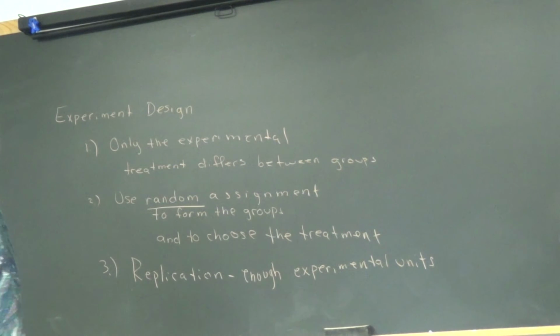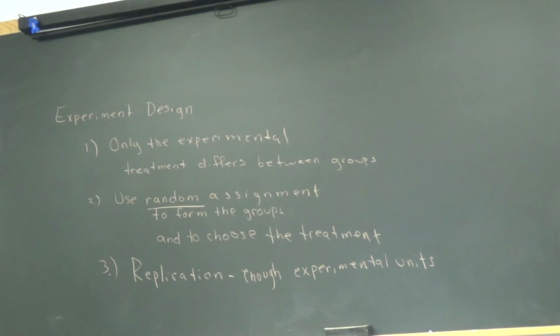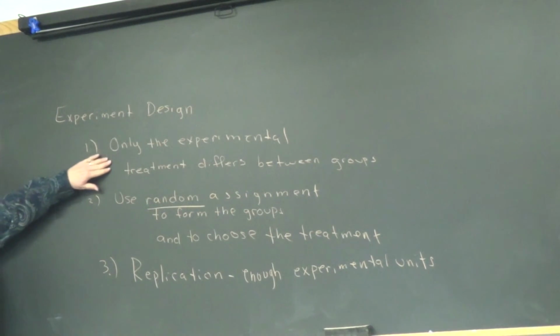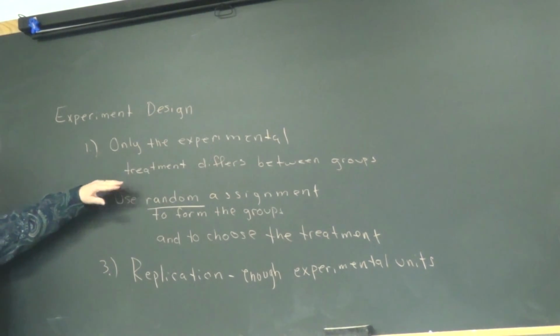So, does this experiment that we read do a good job on number one? Only the experimental treatment differs between the groups. Did it do a good job on that? In what way did they do a good job, do you think, Julia? Only the experimental treatment, which was aspirin and beta carotene, were different between the groups.